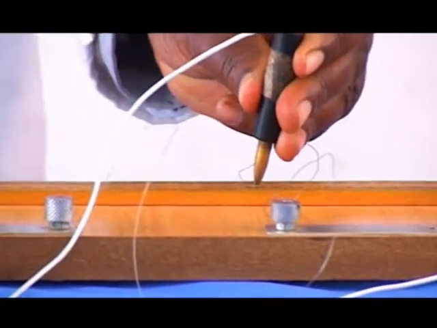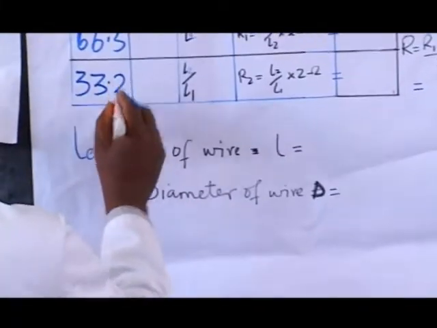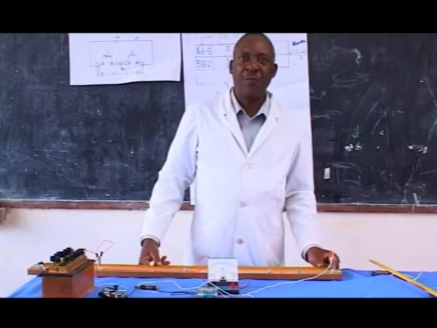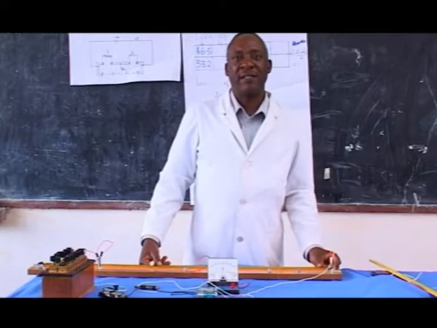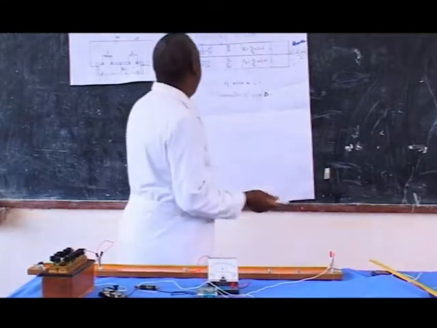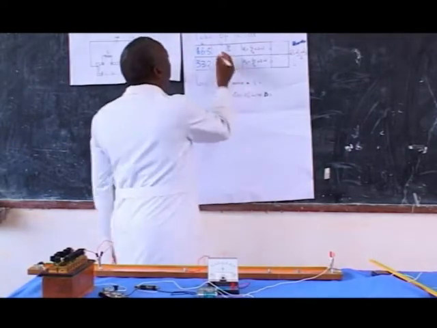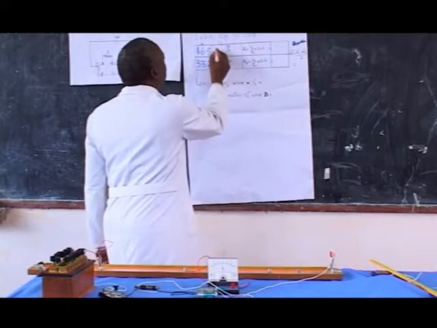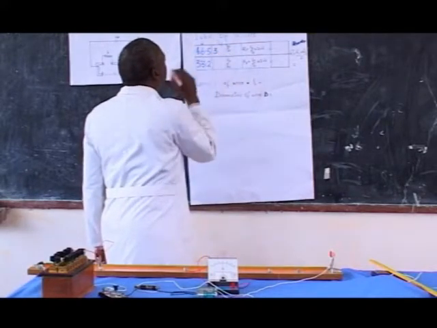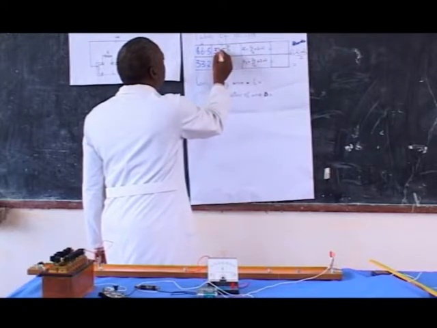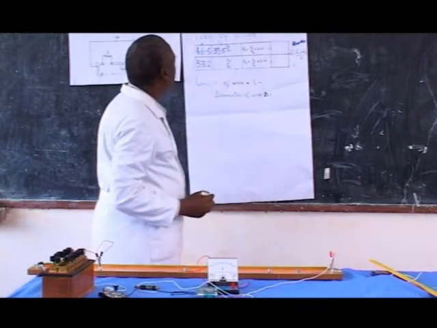Okay, this is 66.5. Length L1 is measured from end A, and so 100 minus 66.5, we have length L2, which is 33.5.